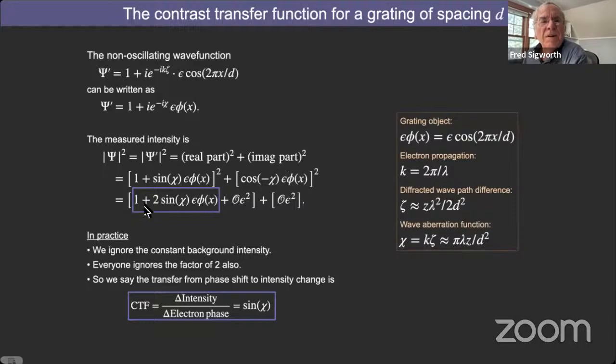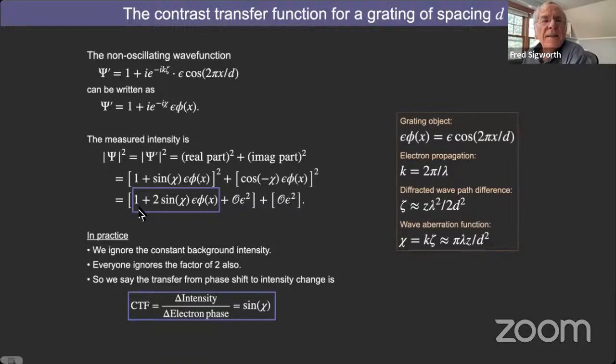And so if you work through all this stuff, the real part squared is this 1 plus 2 sine of chi times the original phase object plus a couple terms that are of the order of epsilon squared. And because epsilon is already a small number, epsilon squared is a really small number, and so we can ignore those.